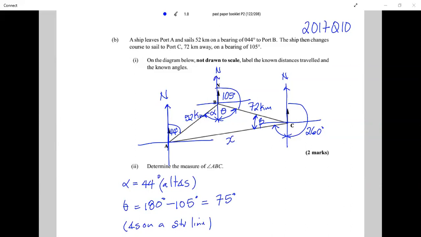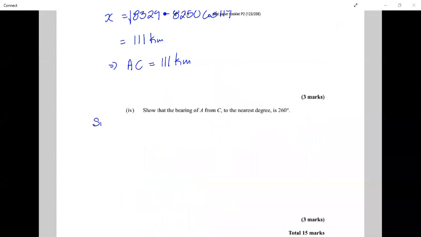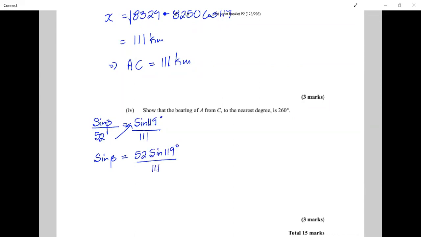So this is going to be the sine of beta over the side opposite to that, which is 52, equal to the sine of 119 degrees over the side opposite to that, which is 111 kilometers. That will allow me to find beta. Cross multiplying, sine beta is equal to 52 sine 119 degrees divided by 111.